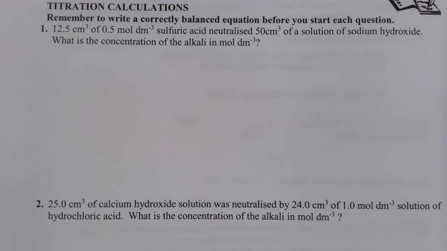So the first thing we have to do is write out a balanced equation, because this is going to give us the molar ratio between our reactants and our products. So in this case I've got sulfuric acid reacting with sodium hydroxide.